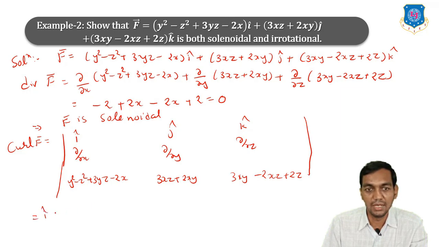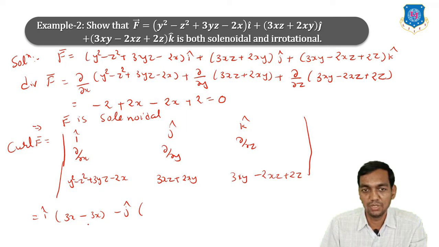and that will give you i into derivative with respect to y, so here we have 3x, minus derivative with respect to z, that is again 3x, minus j into, now here we have written the derivative directly.